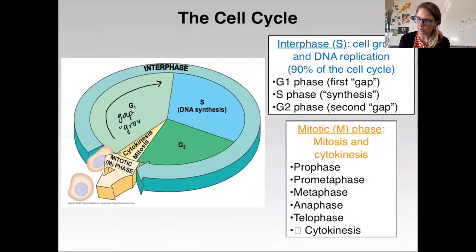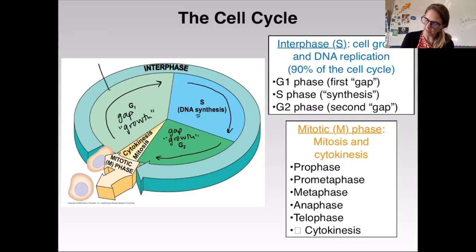I also call it a growth phase, right? So G1, the cell is going to grow and get ready for DNA synthesis. The S phase is going to be DNA synthesis. That's why it's called S phase, DNA synthesis. Then we go into another phase called G2, which is again called a gap or growth phase, right?